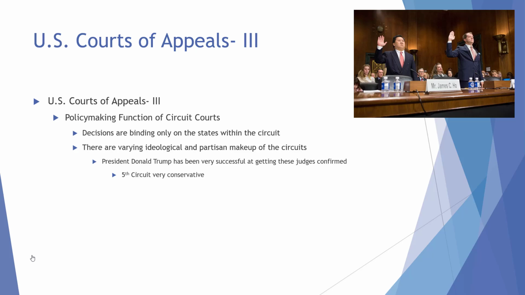Left a lot of openings, especially in Texas, meaning that Trump had a lot of vacancies to fill on the Fifth Circuit Court of Appeals, the nation's most conservative circuit, with James Ho, somebody that I think the next time you have a Republican president will probably be the first Republican, I'm assuming Republicans have the Senate as well, Supreme Court nominee.